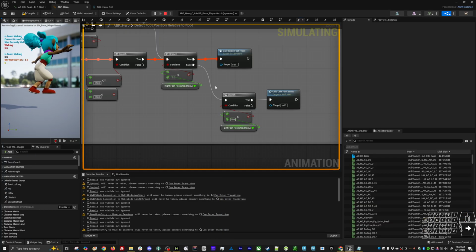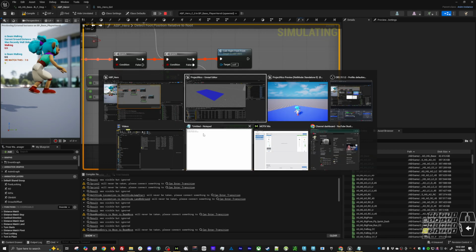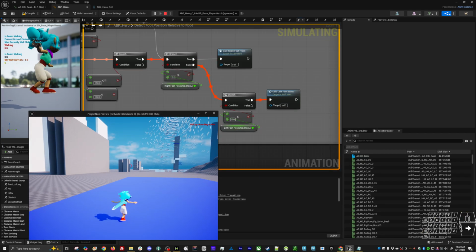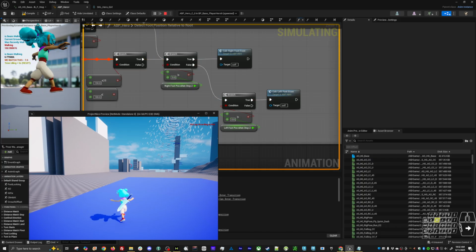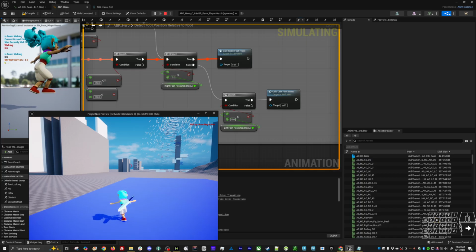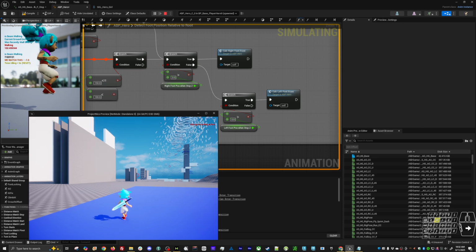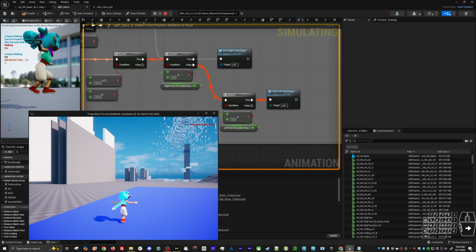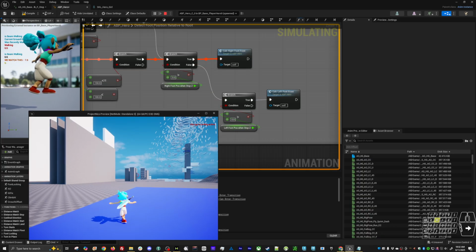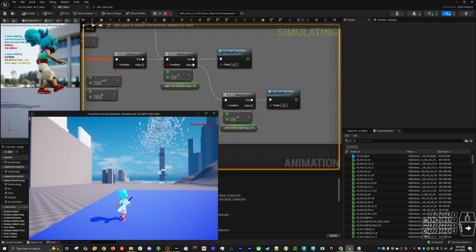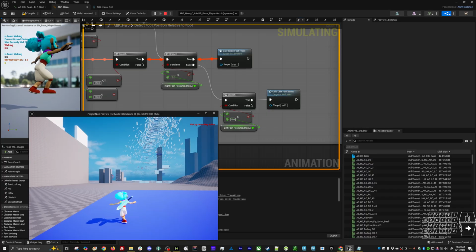So we're here. Right foot position when stop Z is greater than 0. Sometimes it does mess up. But I know when I was testing this, I was like, well, I'll take that mess up for all the times it works properly.